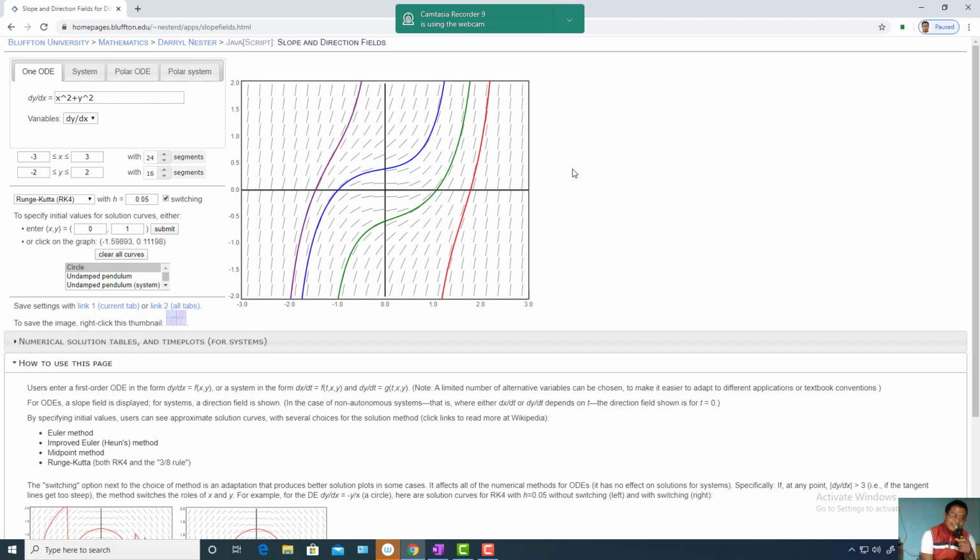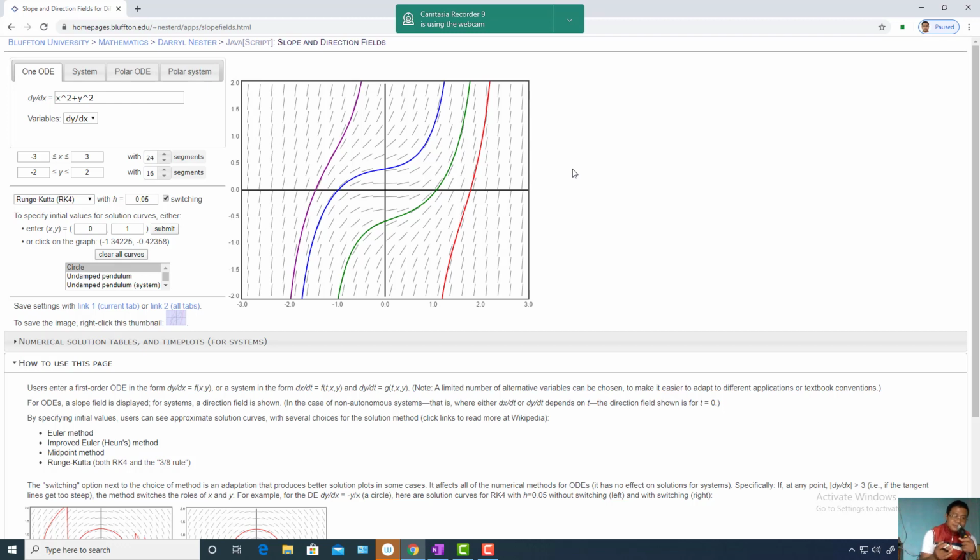So using the vector field idea, what is a vector field? At this point of the xy plane, you put the value of x and y in f of x y, in the given differential equation dy by dx is equal to f of x y. That will give you some numerical value.